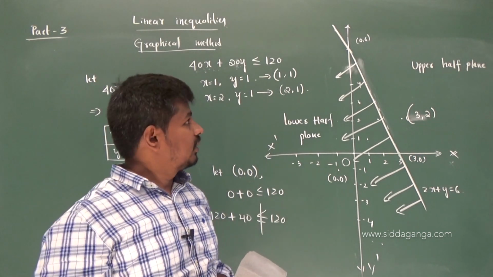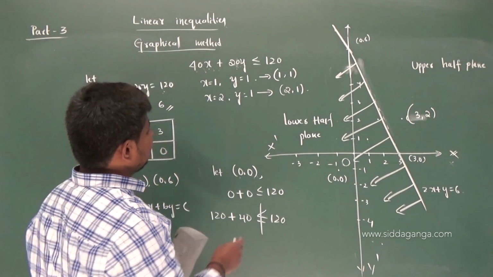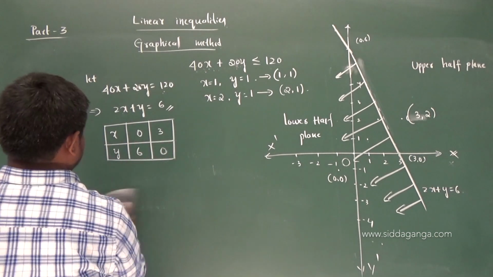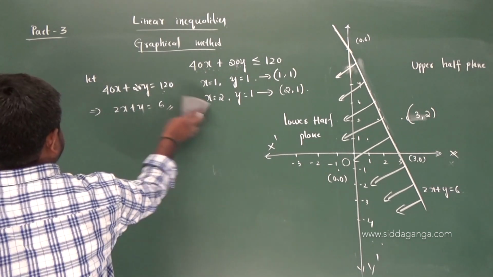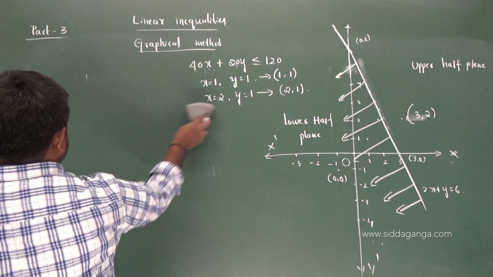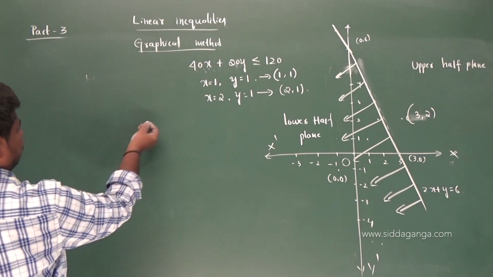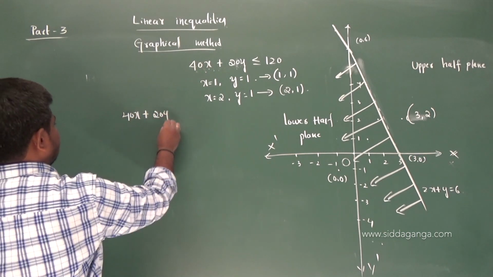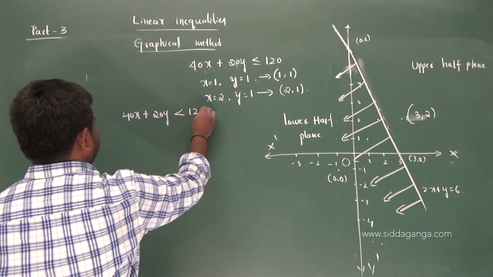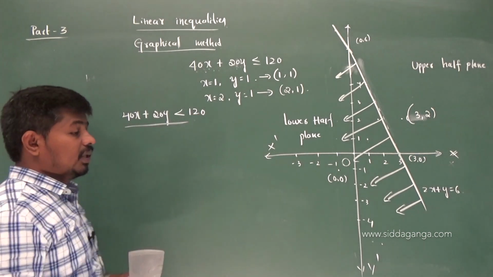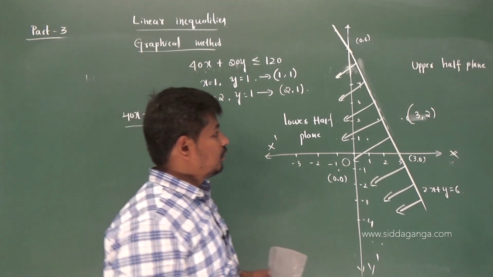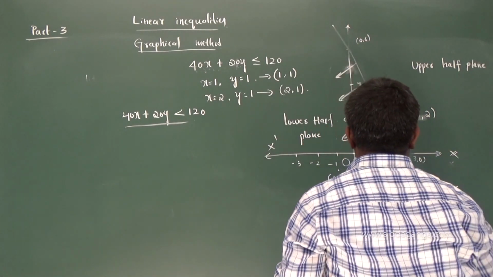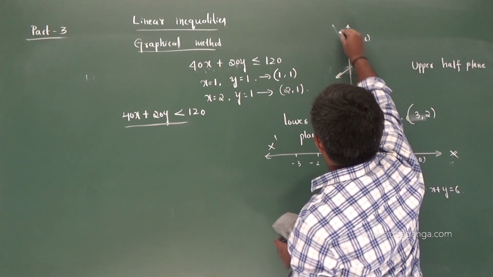using the graphical method. Suppose the inequality is a strict inequality, say 40x plus 20y is strictly less than 120. Then the same process, same method you have to follow, but you have to draw a dotted line instead of a solid line.